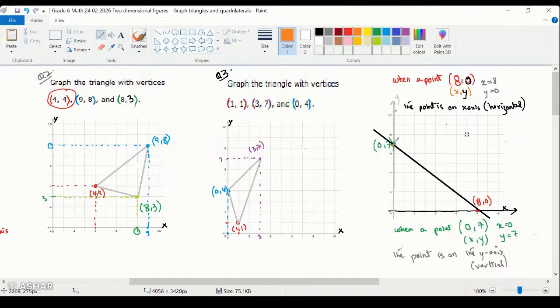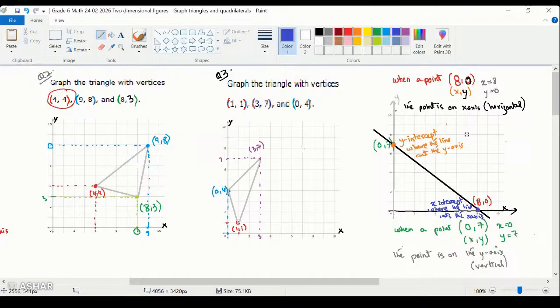So we can say this point was the y-intercept. Y-intercept means where the line will cut the y-axis. And this point is the x-intercept. X-intercept means where the line cuts the x-axis.